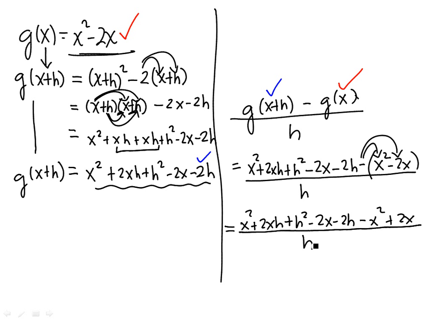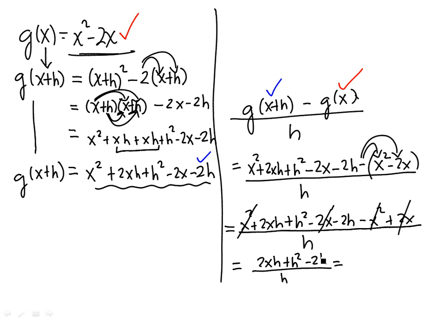Now what cancels? The x squareds cancel. Do you see anything else? The 2x's cancel. And what's left is 2xh plus h squared minus 2h all over h.